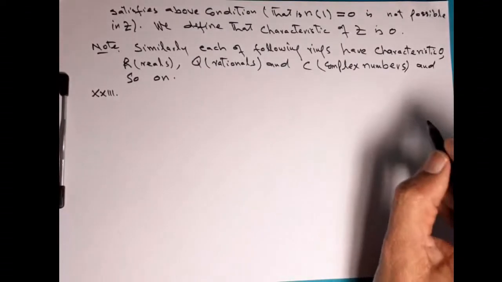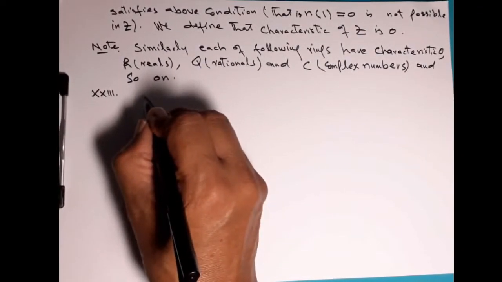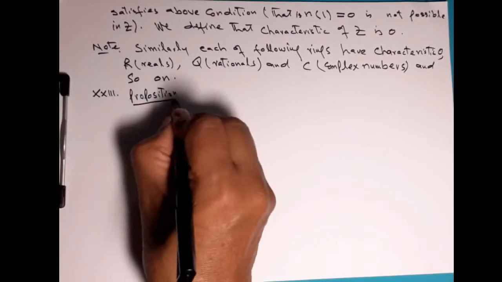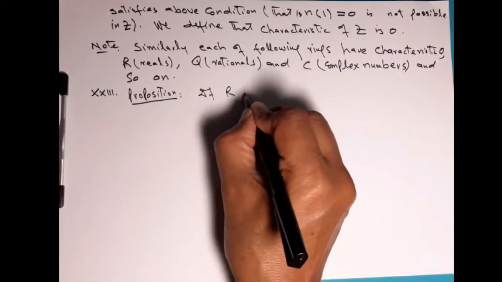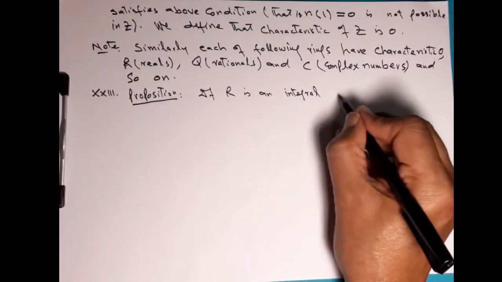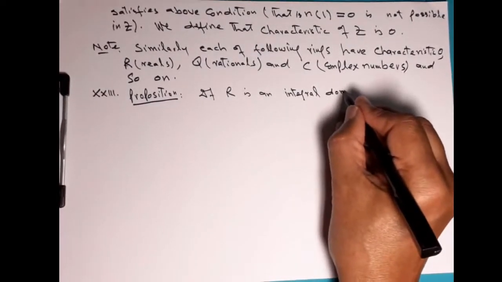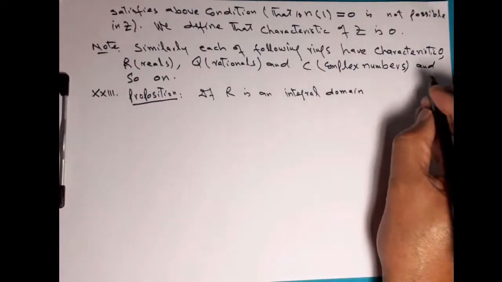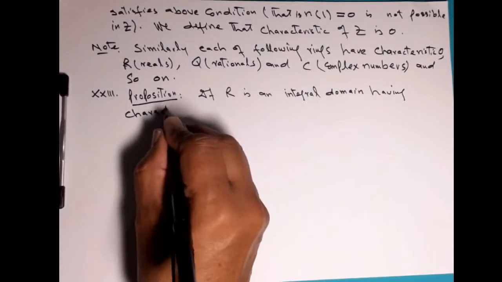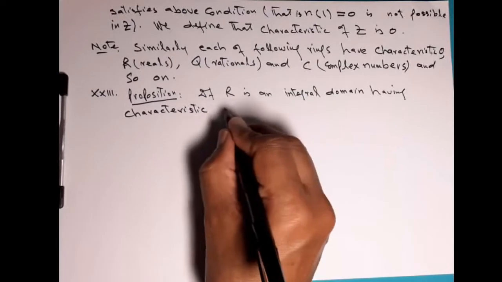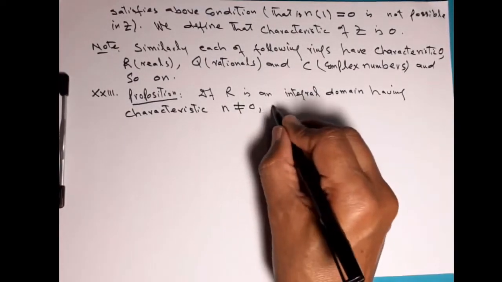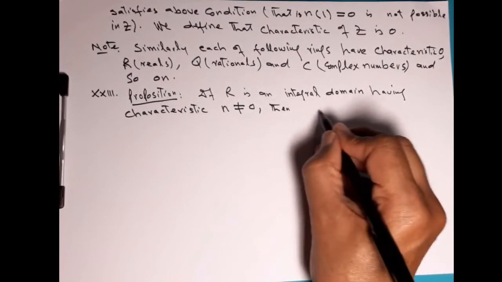And the proposition is, if R is an integral domain having characteristic n which is not equal to 0, having non-zero characteristic, then n is prime.